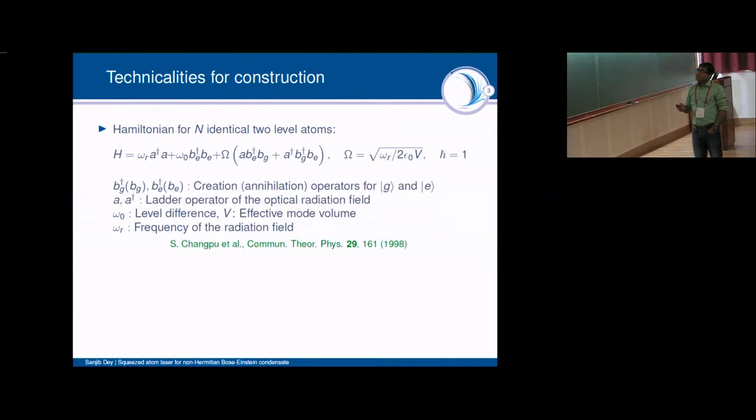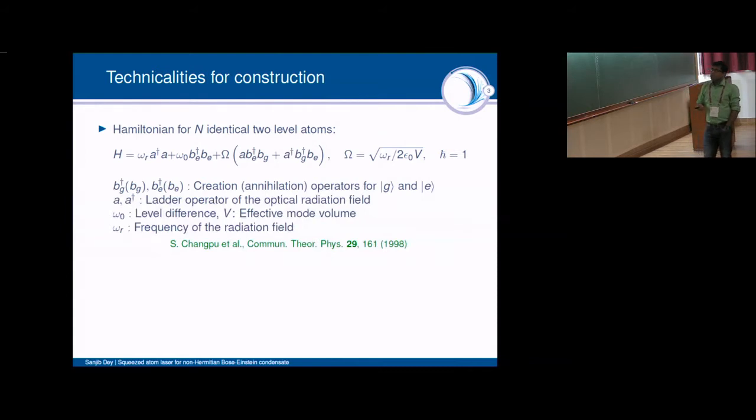V_E and V_G are the ladder operators for the excited state and the ground state of the atom. These two states are coupled via this matrix element, omega, which depends on epsilon naught, V is the effective mode volume, and epsilon naught is the permittivity of free space, and so on.